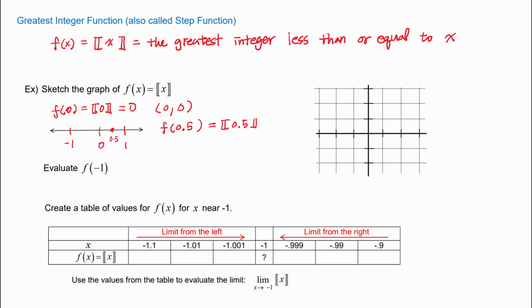So what is the greatest integer less than or equal to 0.5? Out of all the numbers that I shaded, you have to pick the greatest integer. And integers are 0, negative 1, negative 2, negative 3, negative 4, negative 5, dot, dot, dot. Those are the integers. So out of all those, the greatest one would still be 0.